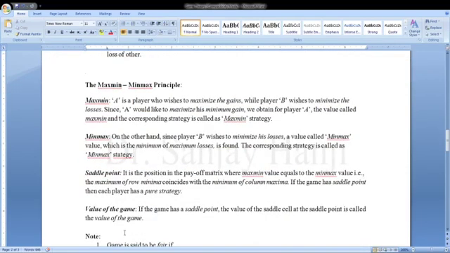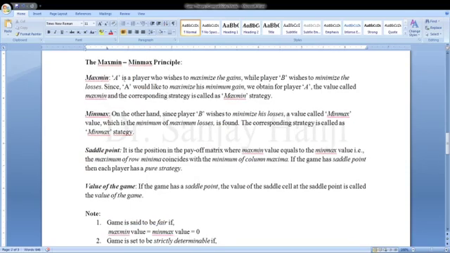Then the next important principle what we'll study in game theory is the max-min and min-max principle. The max-min principle is: A is a player who wishes to maximize the gains, while player B wishes to minimize the losses.